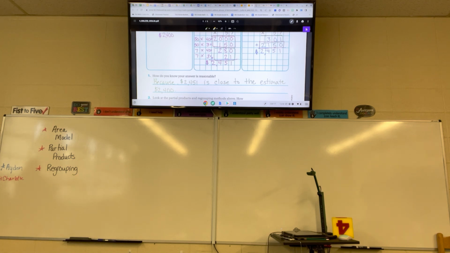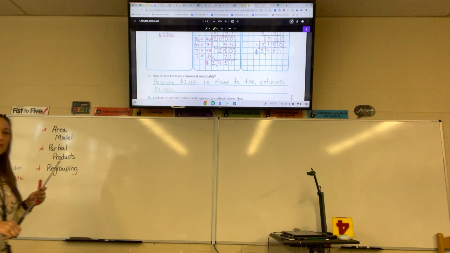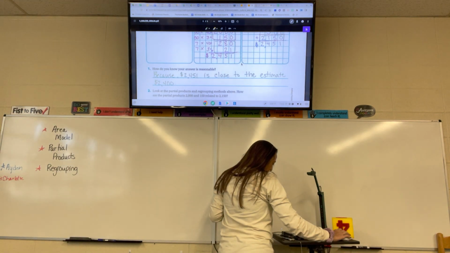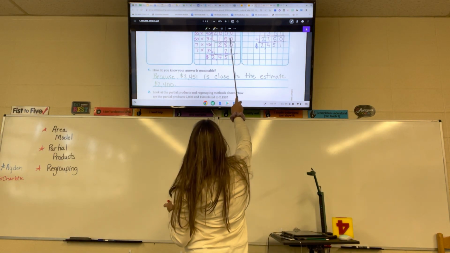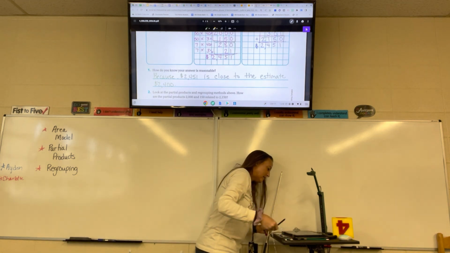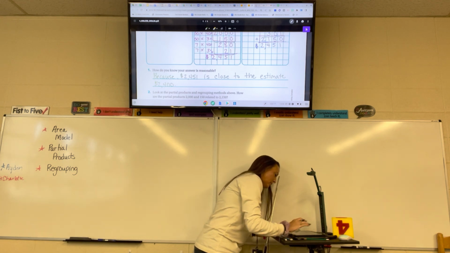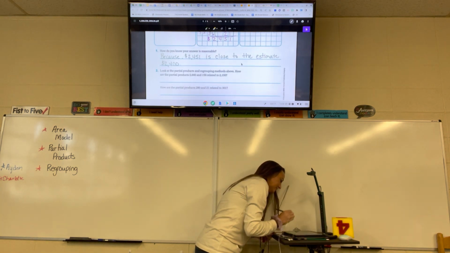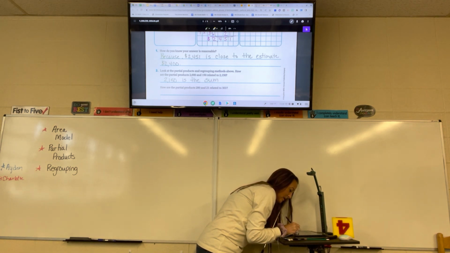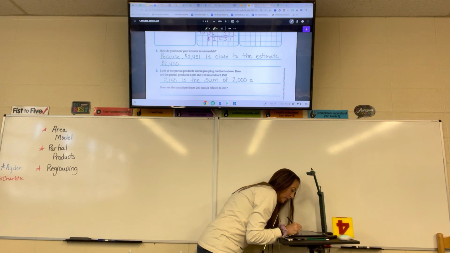Number 2 says, look at the partial products and regrouping methods above. How are the partial products 2,150 related to 2,150? And so on that one, we're going to write 2,150 is the sum of 2,150.